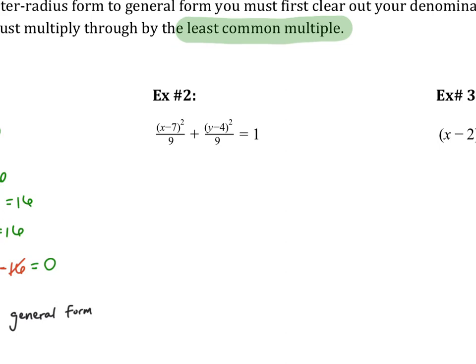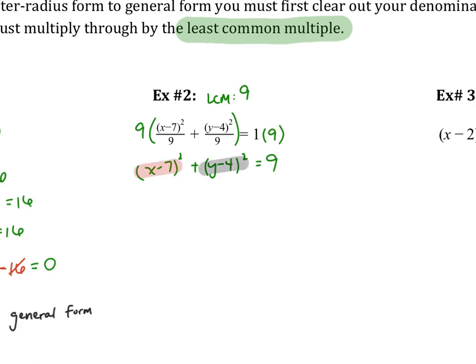This next one. My least common multiple is 9. So I'm going to multiply everything through by 9. When I do that, I'm left with x minus 7 quantity squared plus y minus 4 quantity squared equals 9. Again, I'll do this first term in red.